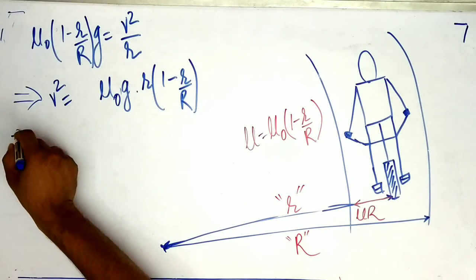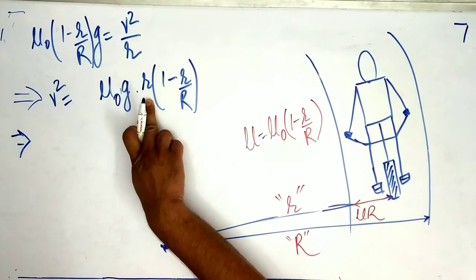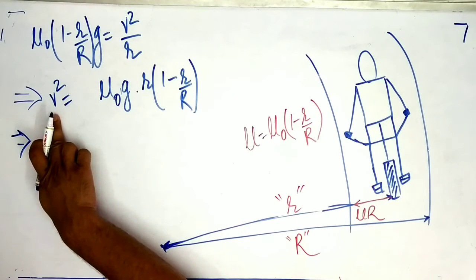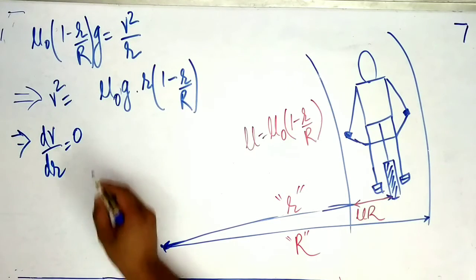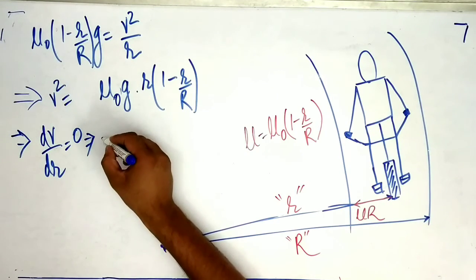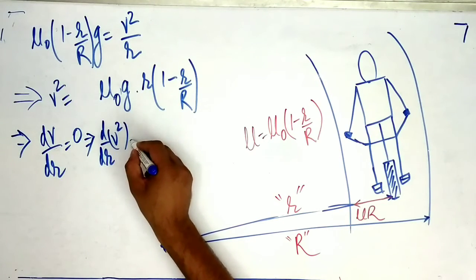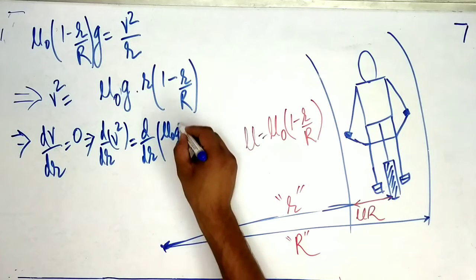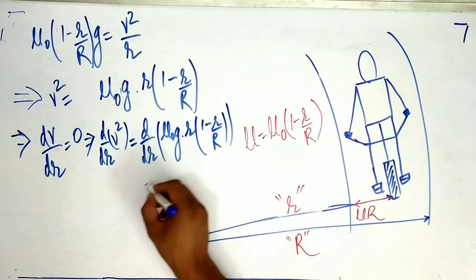Okay, for the maximum velocity, the value of r can be calculated using the simple expression that the velocity v reaches its maximum value when dv divided by dr is equal to 0. This implies that d by dr of v square equal to d by dr of mu naught g into r into 1 minus r by R must be equal to 0.